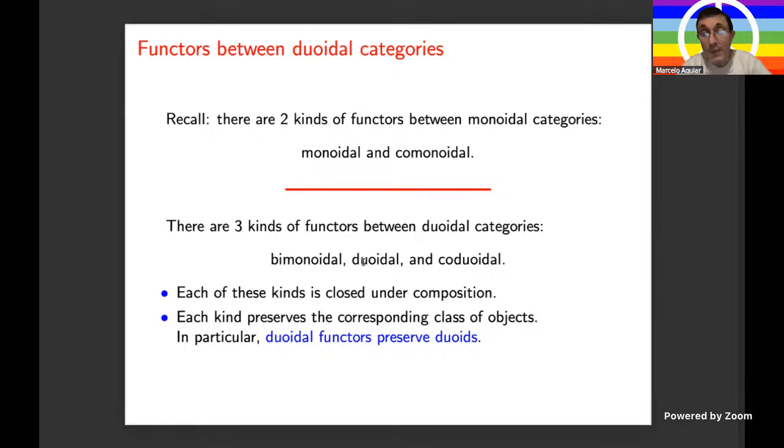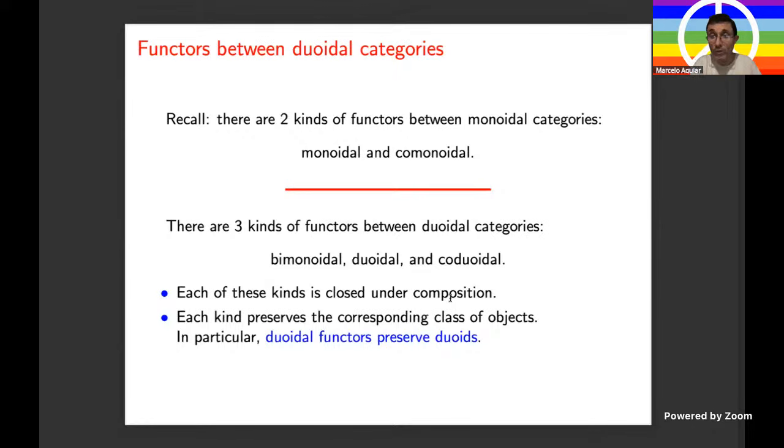And then the basic facts are that each of these kinds is closed under composition. If you compose two bimonoidal functors, you get another. And each kind preserves a corresponding class of objects. So in particular, duoidal functors preserve duoids. This can be seen as a special case of the previous item. Okay, so the important thing then is that there is a notion of duoidal functor and that they preserve duoids.